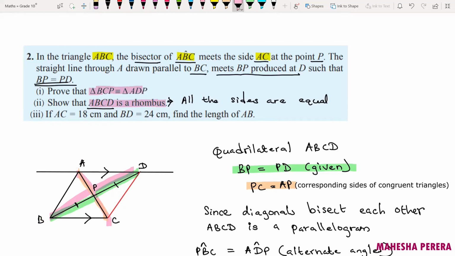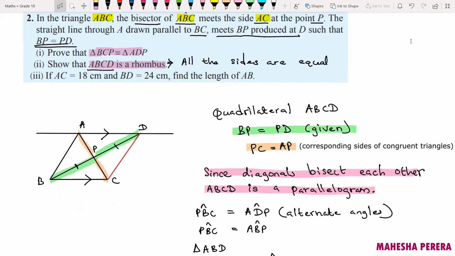So that means this is a parallelogram. So we write, since diagonals bisect each other, ABCD is a parallelogram, right? It's a parallelogram. Right, now let's try to prove that this parallelogram is a rhombus, okay?